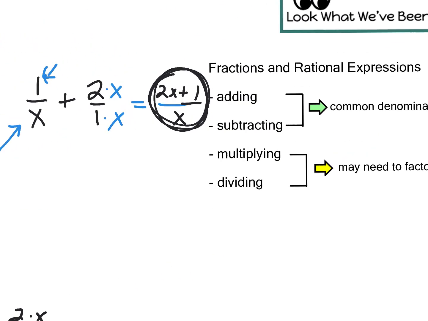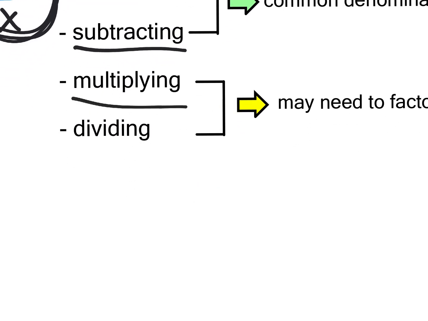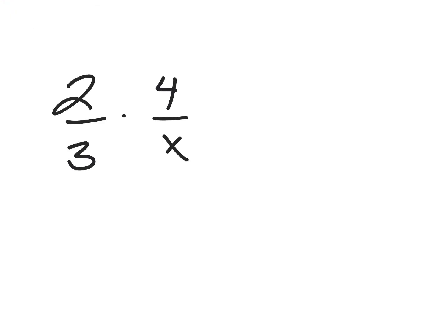All right. So that's adding. Subtracting would be exactly like adding. Multiplying and dividing are much easier. Multiplying is super easy. Would everybody please multiply that out and tell me what you get?